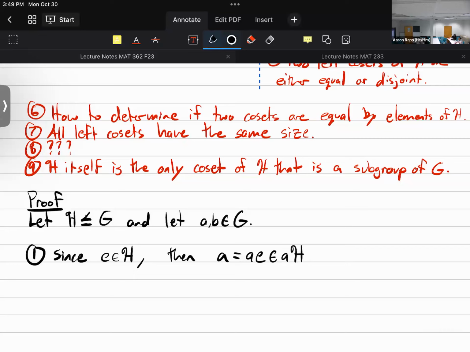Well, the coset where I took everything in H and multiplied on the left by A, because it's an element of the set H. This is just A multiplied on the left by an element in set H. So it must be in that left coset of H containing A. See, wasn't too bad.